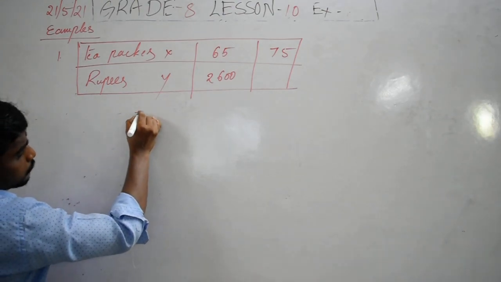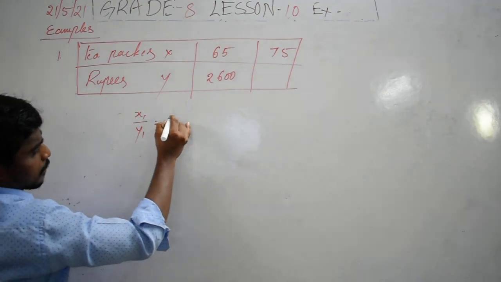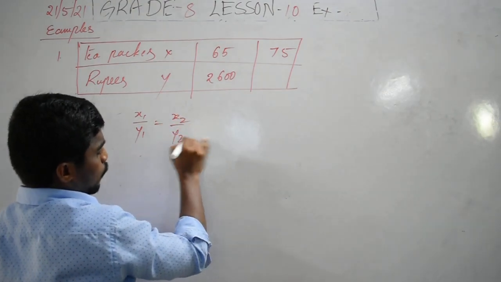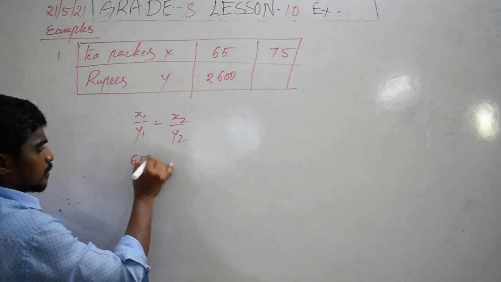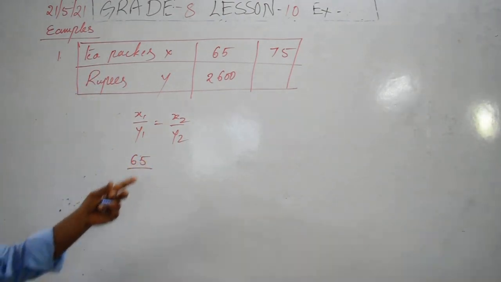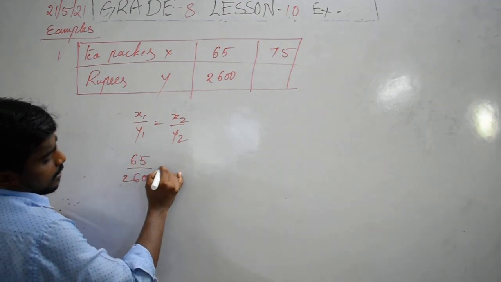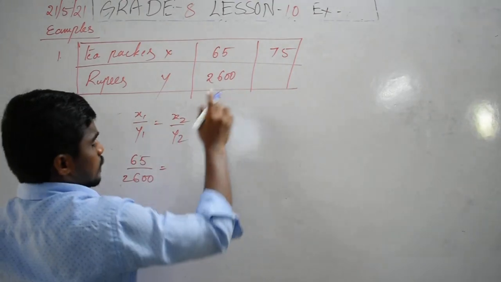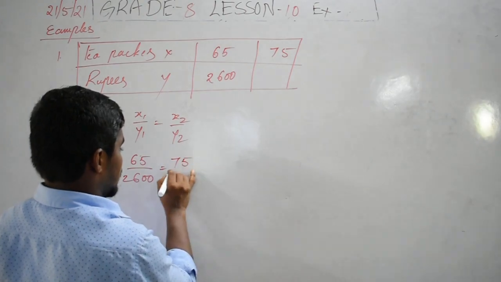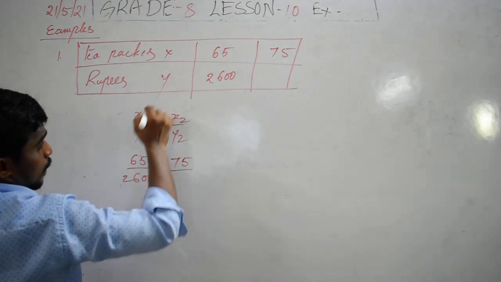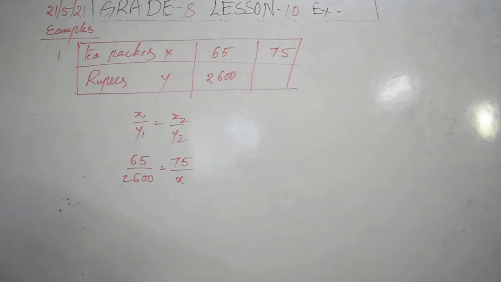X1 by Y1 equal to X2 by Y2. So now X1 how much? 65. Y1 how much? 2600. X2 how much? 75. Y2 how much? We don't know. Let it be X.